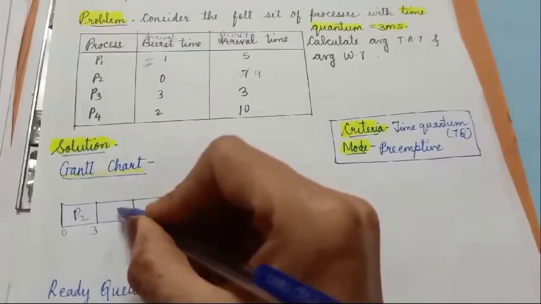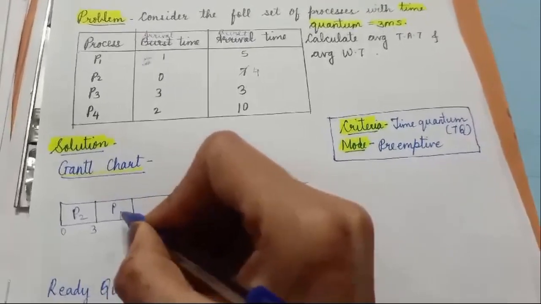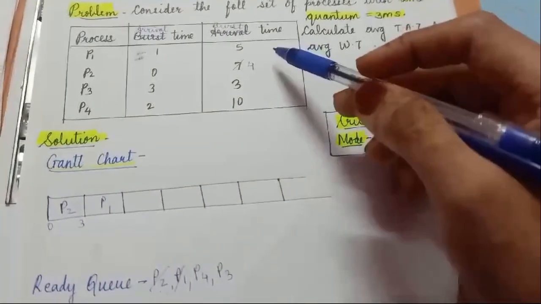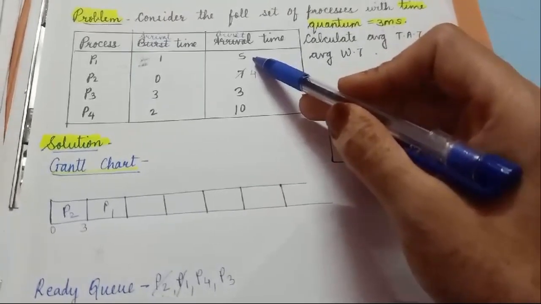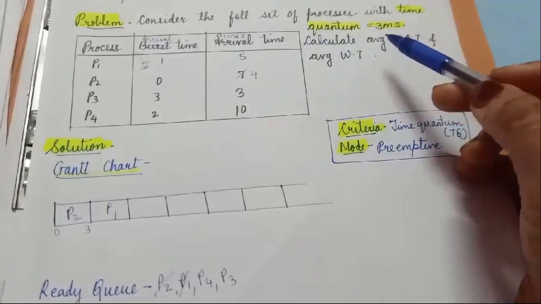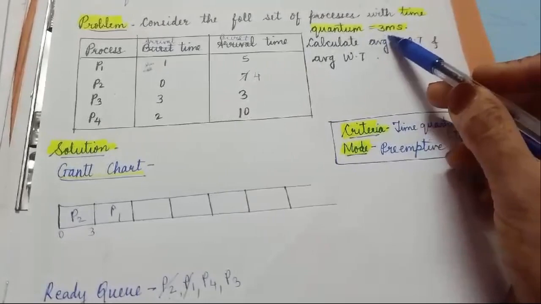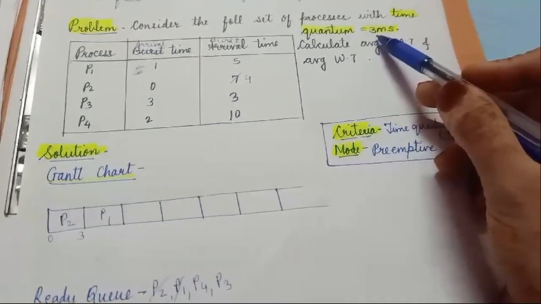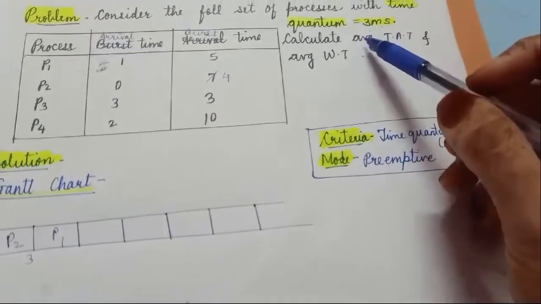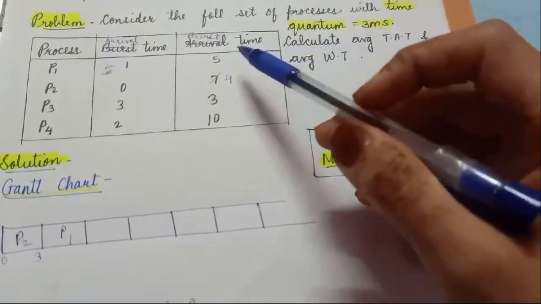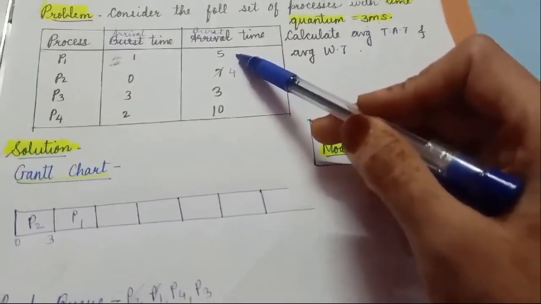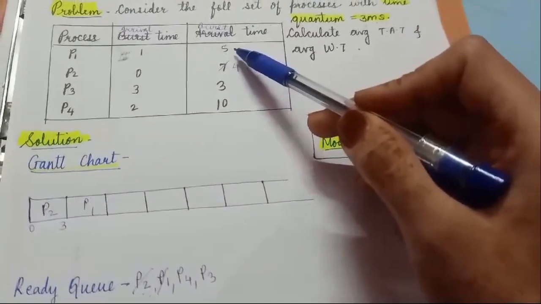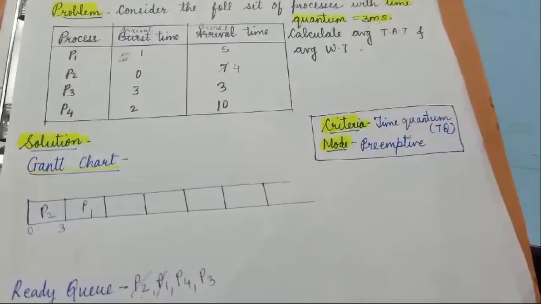Let's write down the P1 with burst time 5. Burst time is 5, but the time quantum is 3 ms. That means it will process up to 3 only, and the remaining time we will write down here. That is 5 minus 3 is 2.